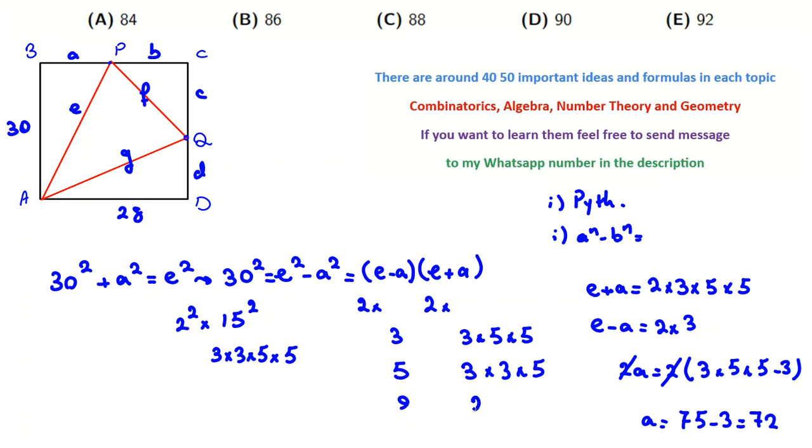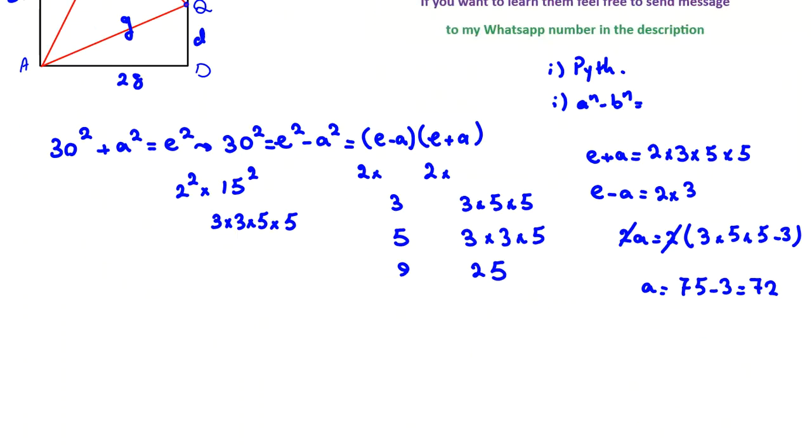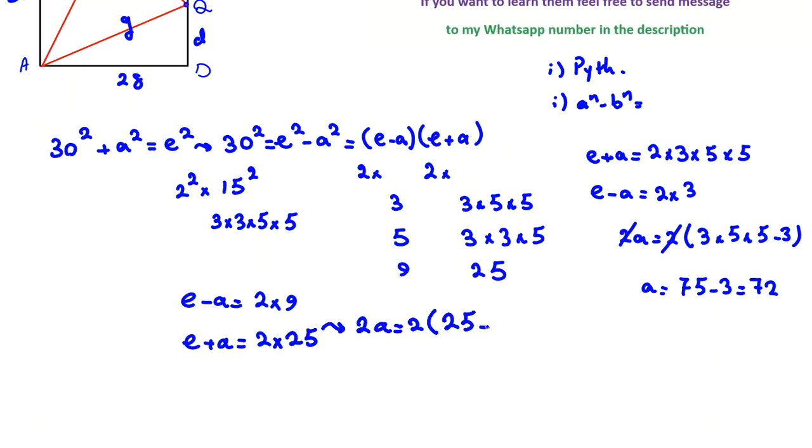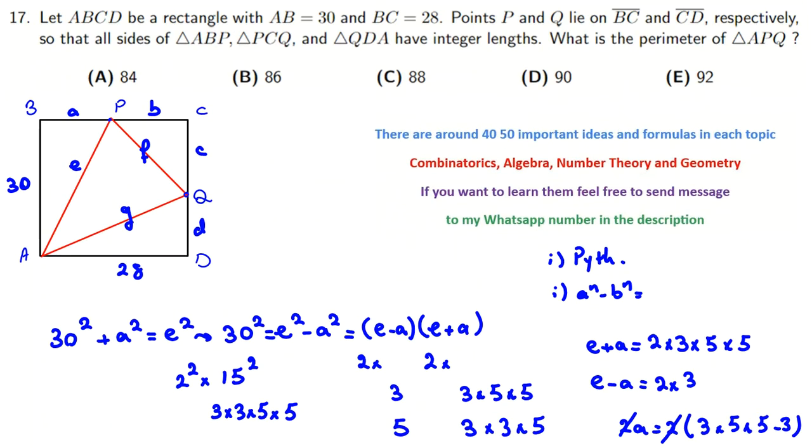9 and 25 only works. So we can conclude e minus a is 2 times 9 and e plus a is 2 times 25. If we subtract, 2a will be 2 times (25 minus 9). Dividing by 2, a will be 16.